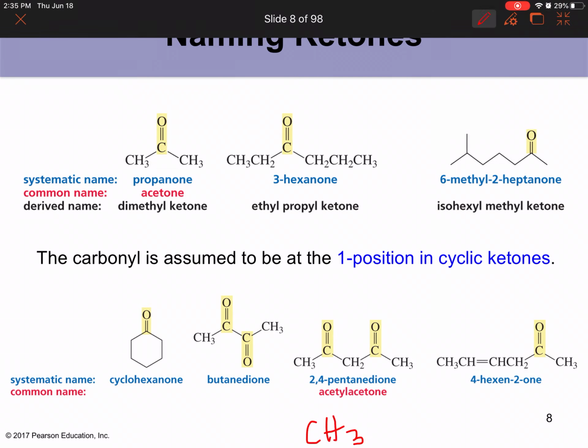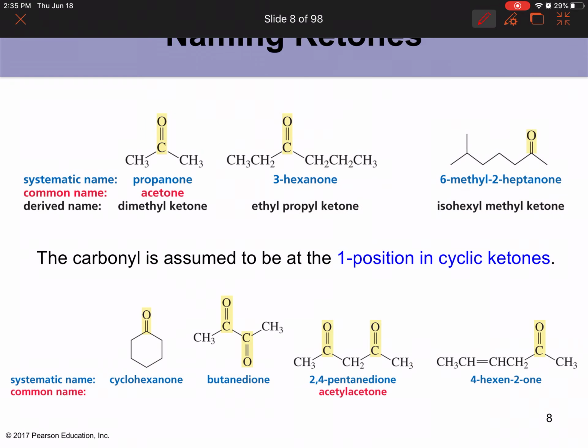And the other part is similar to acetone, CH2COCH3. The only difference is acetone has CH3, but now we have CH2. So because of that, that is acetylacetone.